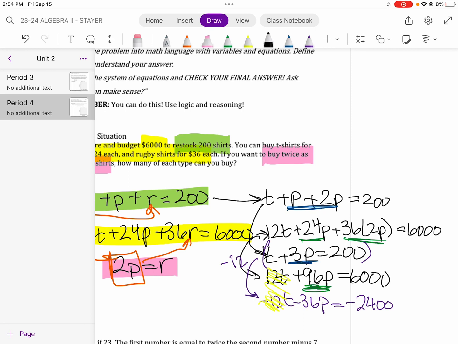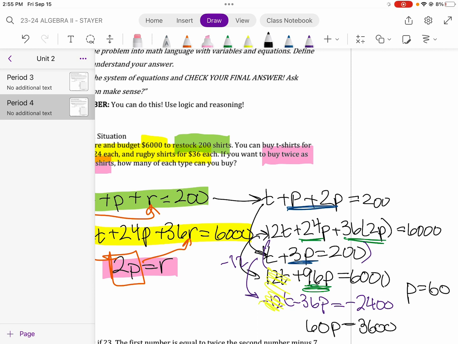I can now add straight down, 96P plus negative 36P. Over here, I want to do the same thing, and that's 3,600. 60P, it looks like 60 polo shirts.